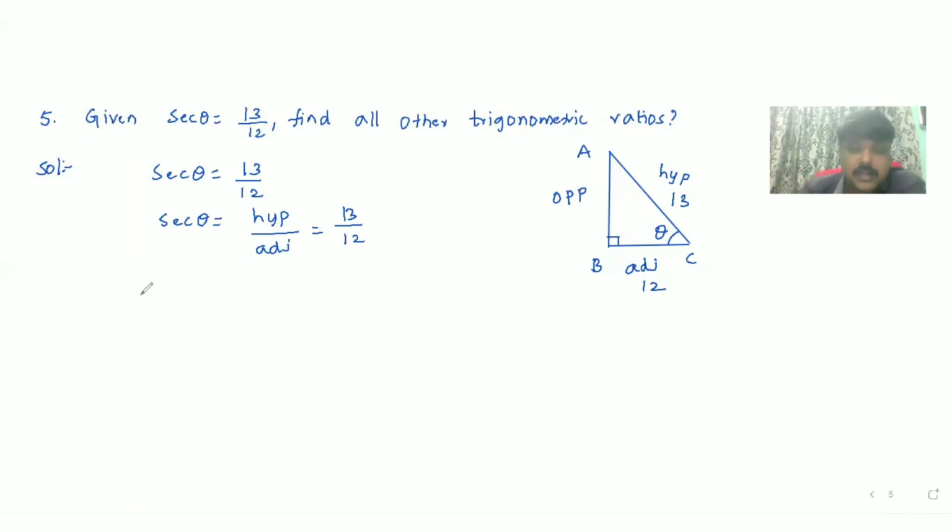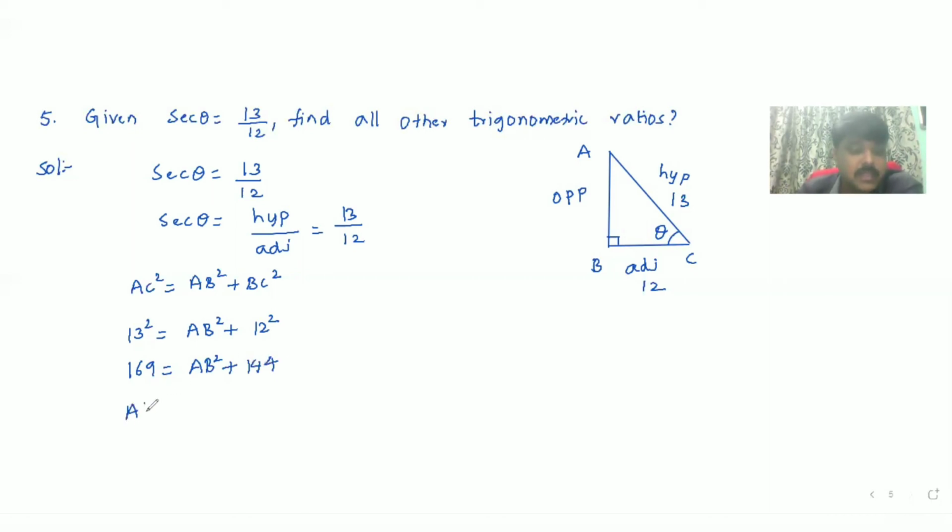Okay, let us find AB by using the Pythagorean theorem. AC square equals AB square plus BC square. AC value we have here. 13 square equals AB square plus 12 square. 169 equals AB square plus 144.